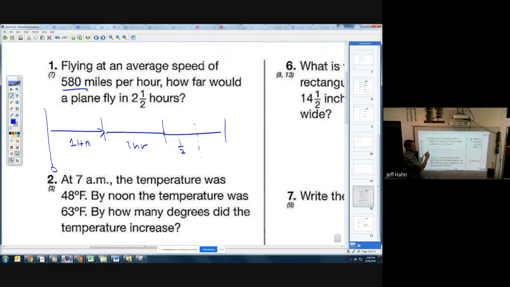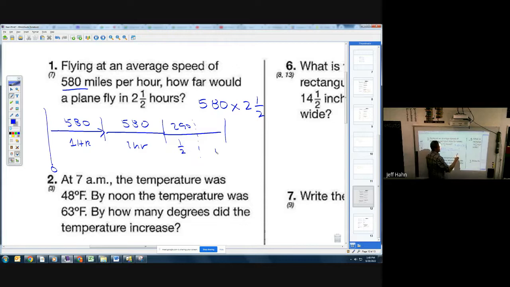There's a bunch of different ways you could look at it. So you're going to go 580 here. You go another 580 there, but this time you flew for half that time, which is 290. You could add 580 plus 580 plus that half of 580, or you could multiply 580 times 2.5. How do I multiply by a mixed number, Christopher?